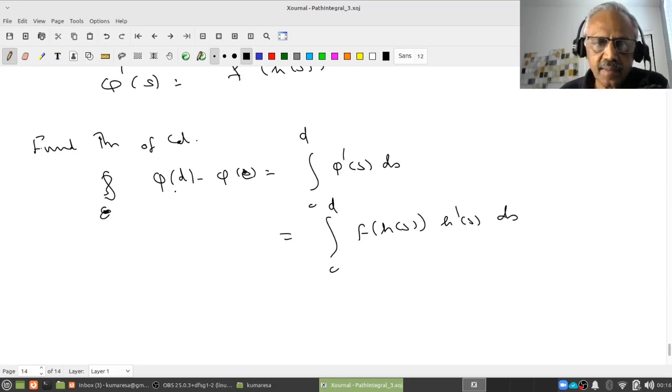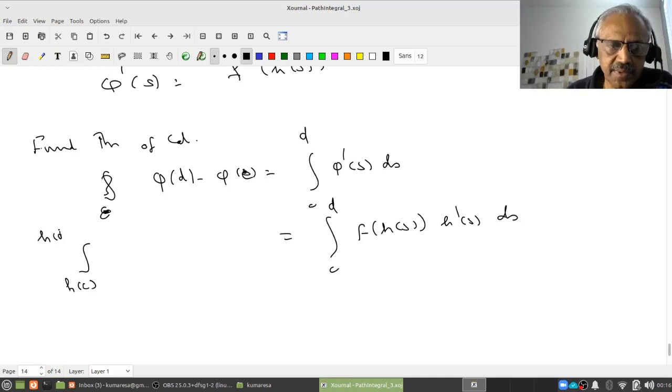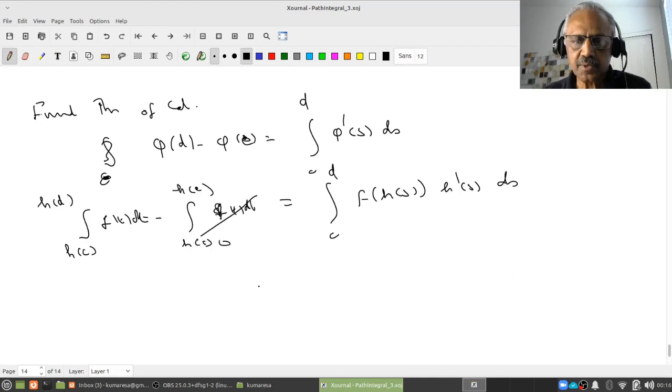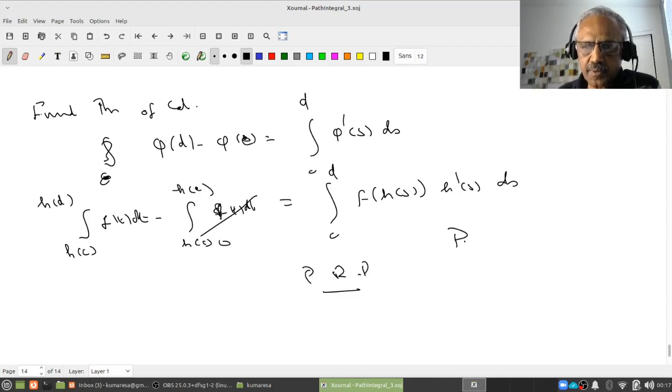But what is phi of d? This is the integral from h of c to h of d of f of t dt, minus the integral from h of c to h of c of f of t dt. But this is 0. Therefore we have proved the change of variable formula.